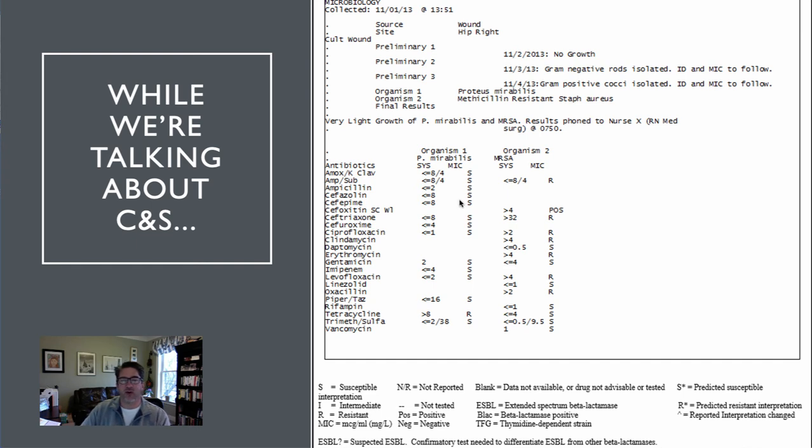Now let's look down here. Remember that MRSA stands for methicillin-resistant Staph aureus. Now, I want you to look at this and tell me where you see that they've any information that they could identify this as methicillin resistant. Methicillin's not even listed here.